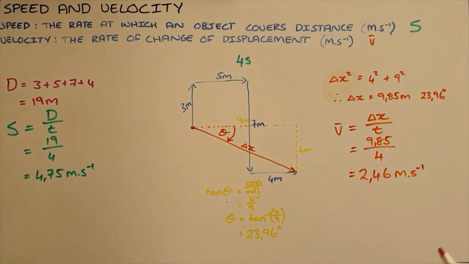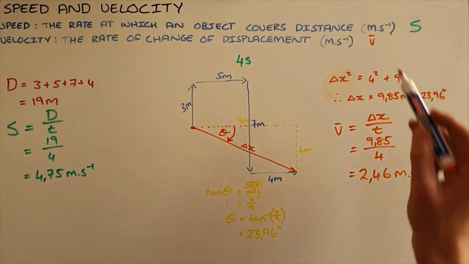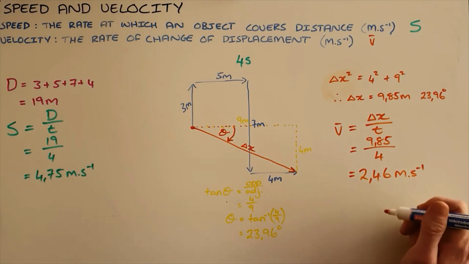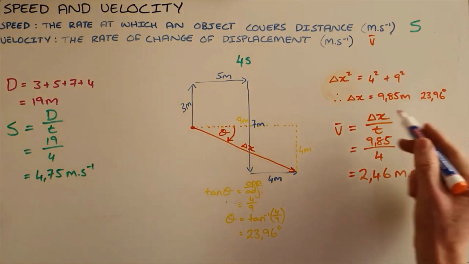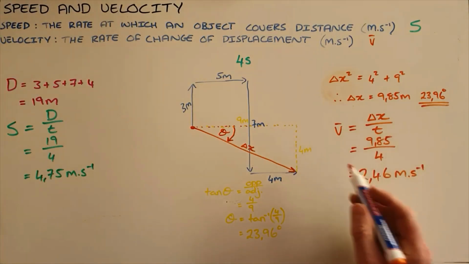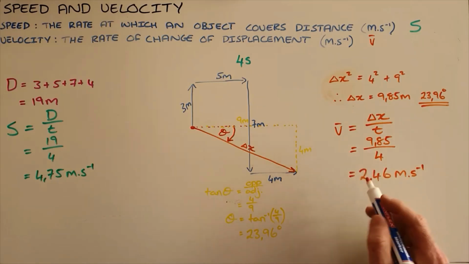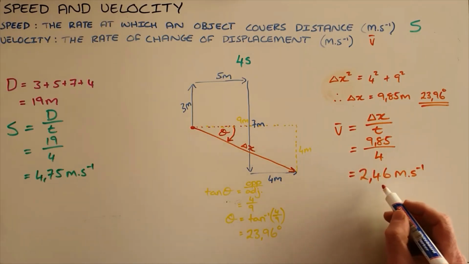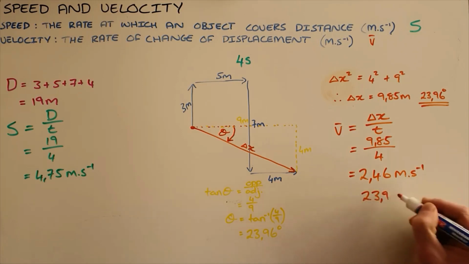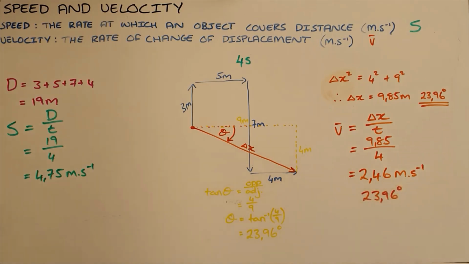And once again, it is important to remember that velocity is a vector quantity and therefore must have direction. And the direction of the velocity will be the same as the direction of the displacement, which was calculated using trigonometry. And so we say that the final answer here is that the velocity of this object is 2.46 meters per second at an angle of 23.96 degrees.